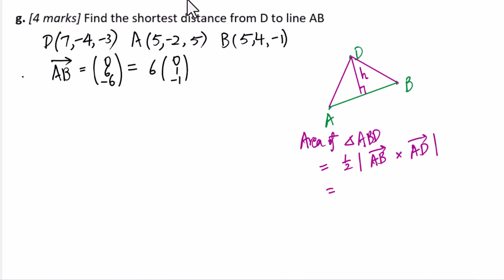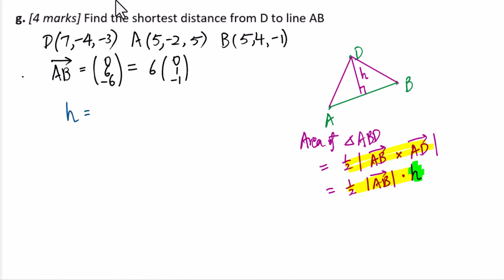Another way to get this area is 1/2 times the distance between A and B times H. We are looking for this H. So we will use this equation to figure out the shortest distance.